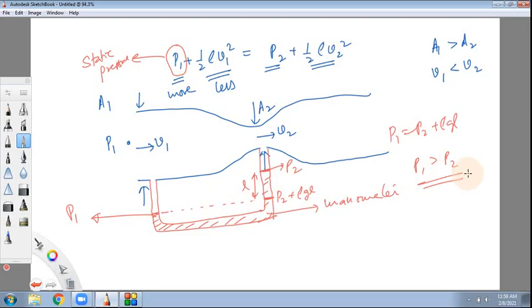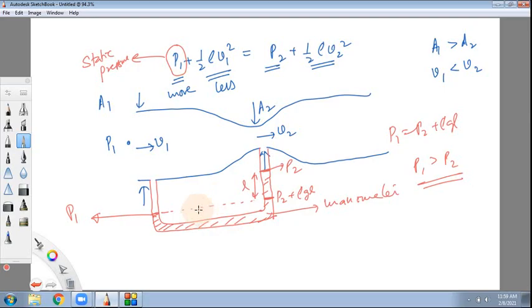So the pressure you are measuring using a manometer when a liquid is flowing in a Venturi meter is the static pressure, the static term P. Of course, the value of the static pressure depends on the dynamic pressure, which is half rho V square. Because if the half rho V square term is more, then to keep the sum constant, P1 has to be less. Similarly, if half rho V1 square is less, P1 has to be more. This is our idea.